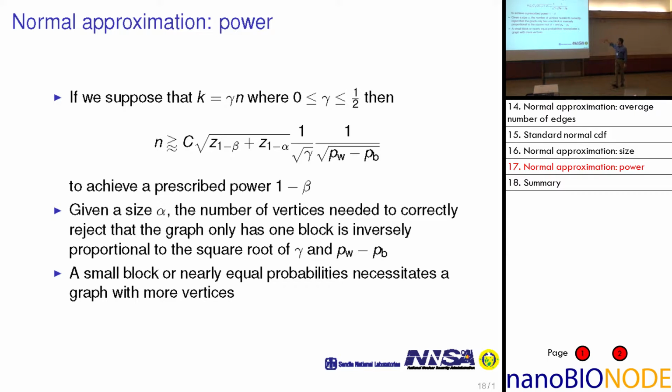So at the end of the day, if you want to get a lot of power, given a small specified statistical significance, you're going to have to get a graph with more edges. You're going to have to sample more from your graph model.